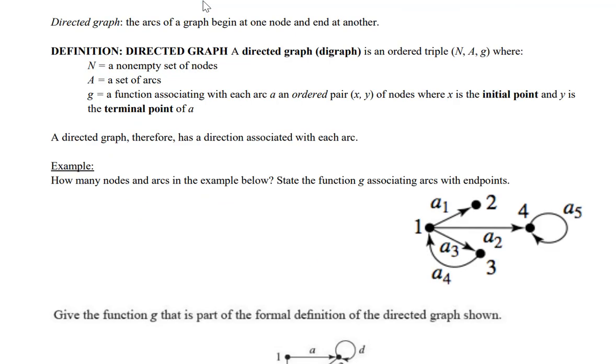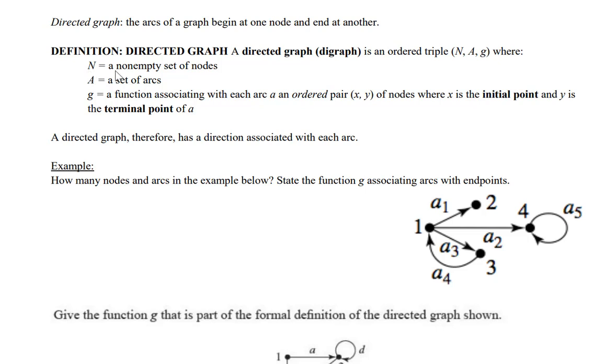A directed graph means the arcs of the graph begin at one node and end at another. For example, this one is a directed graph when you have some arrows. The definition for a directed graph is similar to that of a non-directed graph.